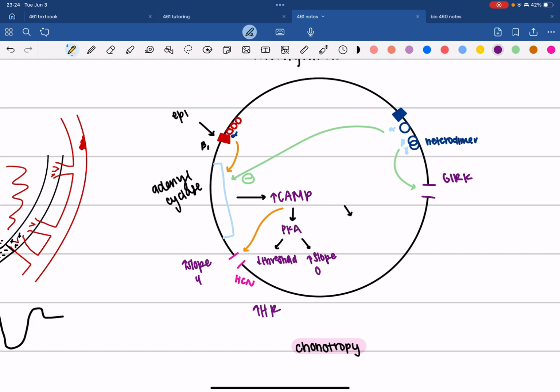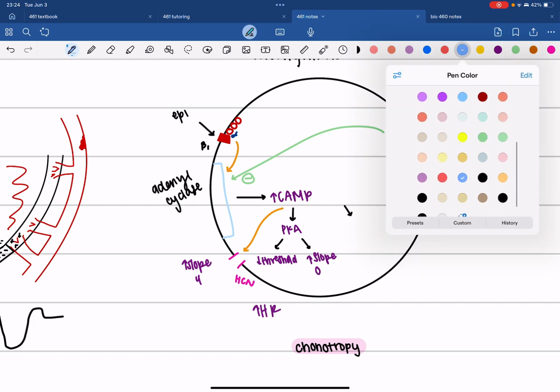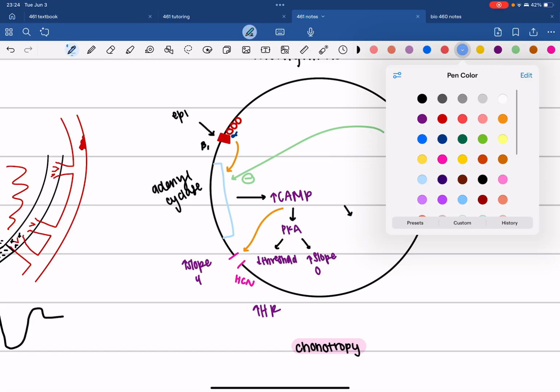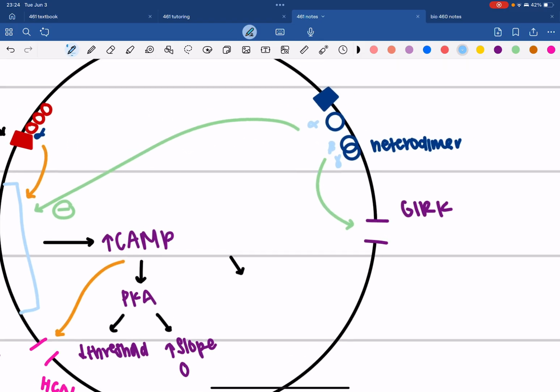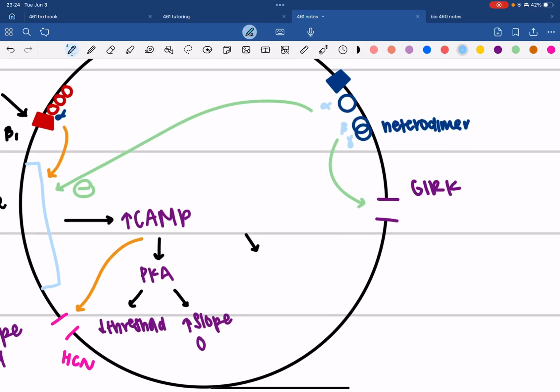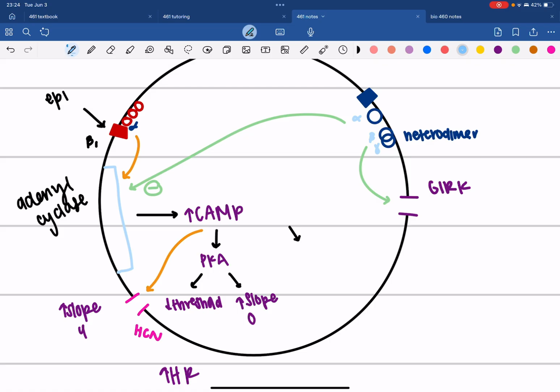Now, if I did a different color for our parasympathetic, let's go with this blue. What's happening is it's going to go over and inhibit adenylate cyclase, and that would decrease cAMP, right? And that would cause an increased threshold and a decreased slope of phase 4.